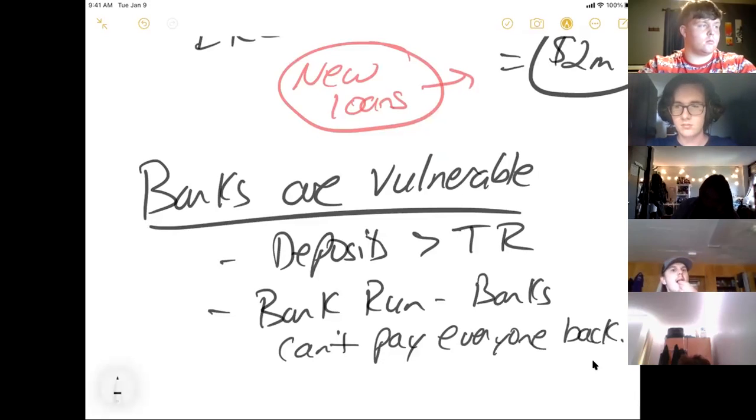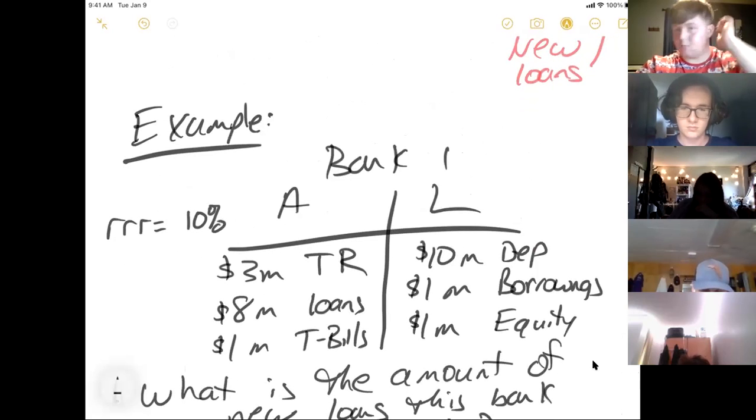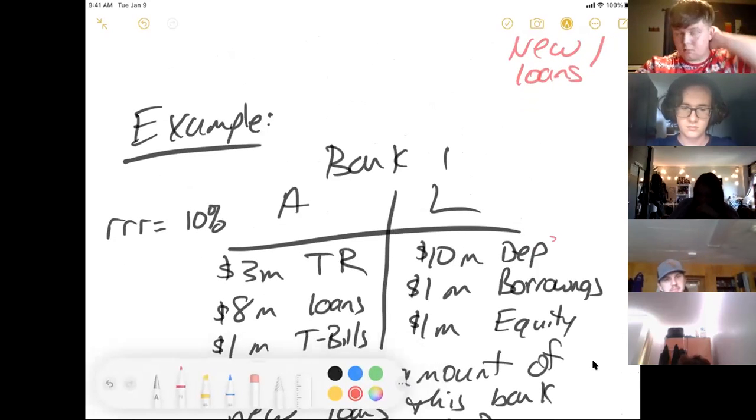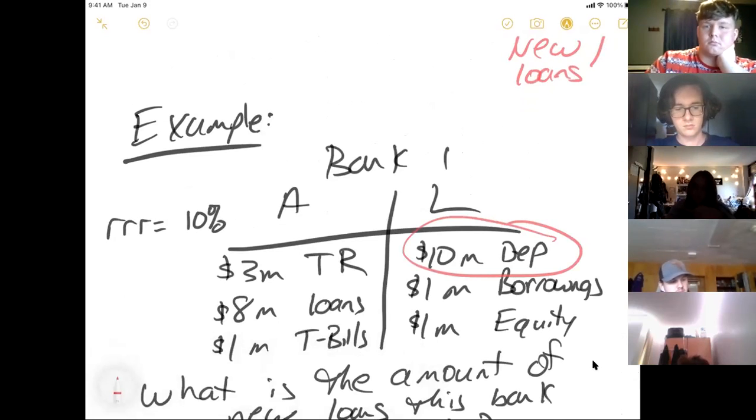A bank run is when all depositors try to pull their money out of the bank at the same time, often because they lose confidence in a bank. But if you look back at this example, what happens if all $10 million of these deposits try to get pulled out at once? There's no way the bank can pay off all those depositors.